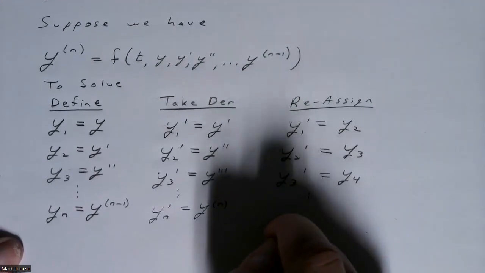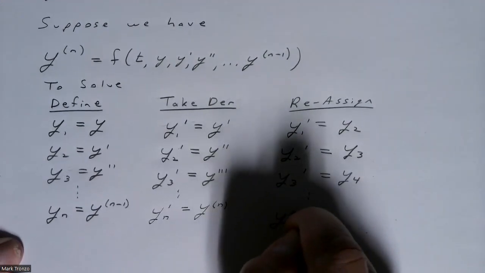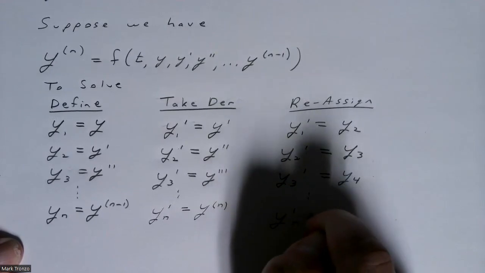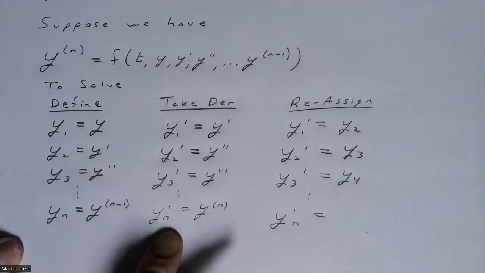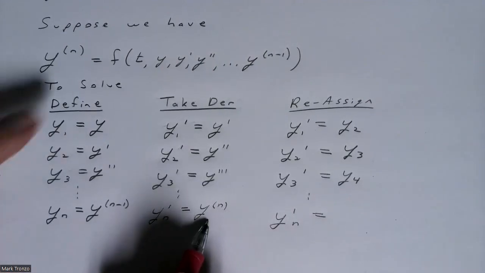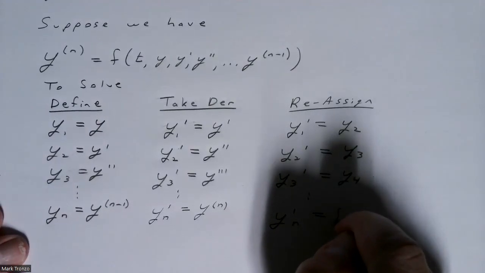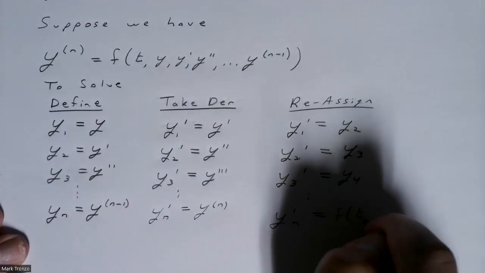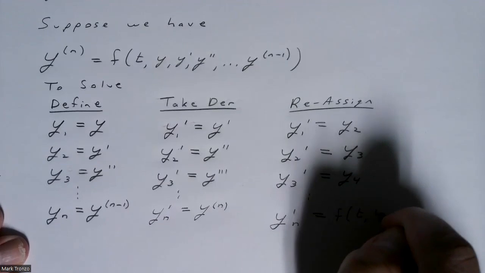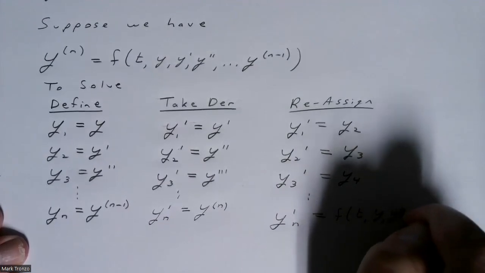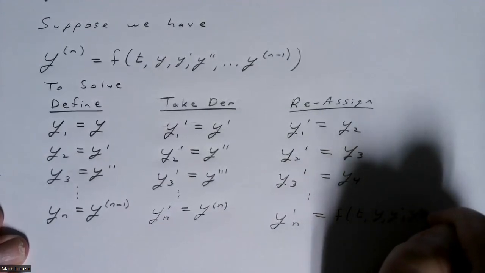So when we get to the very last one, y n prime, then this right-hand side is just going to be our original equation up here. Again, we'll see an example of this, and then it'll be pretty clear.